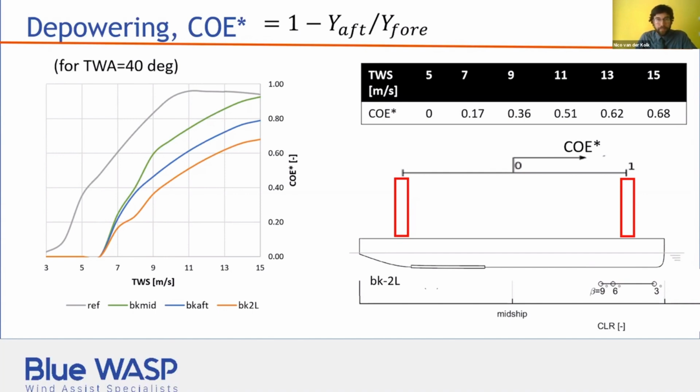And as I discussed before, this is more or less correlated with a reduction in power loss. For this geometry in particular, with 2L, which in the end was the best performing one, you can observe that for increasing wind speed, this centroid is moving forward along the ship.